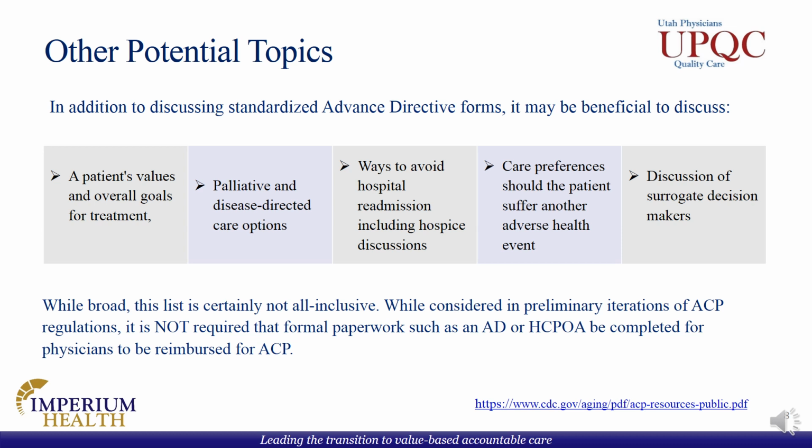For some patients, they may need tips on ways to avoid readmissions, including hospice care. Care preferences that the patient may have should something else happen, or even if it's not that full durable power of attorney for healthcare, discussions of who could be a surrogate decision maker if the time comes, and those could be leading to the next steps. And this is not necessarily a complete list or a checklist of things you need to do, but these are great topics to bring up.